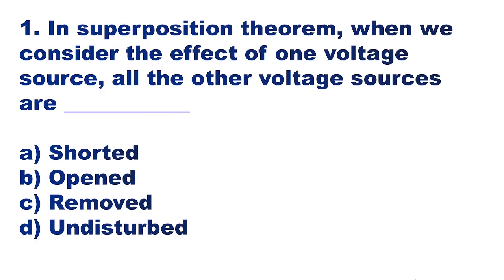We have to check the algebraic sum. We have to check the individual source response for that particular element. Now here basically there are two rules.